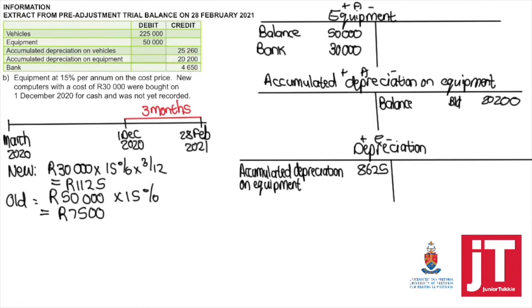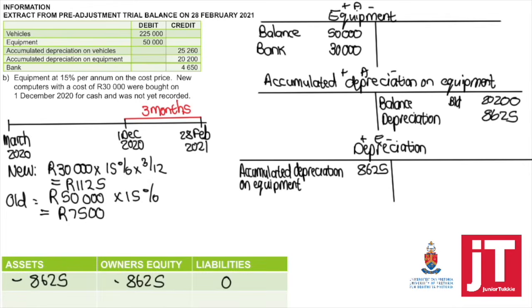So to work out the depreciation, depreciation is debited 1,125 plus 7,500, account credited accumulated depreciation. Effect on the accounting equation, minus assets, minus owner's equity.